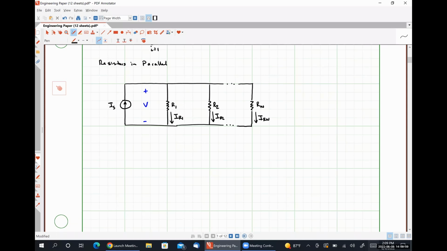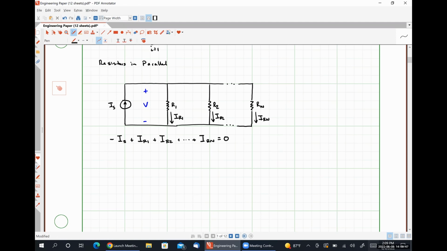If we apply Kirchhoff's current law at the top node using formulation number 3, where currents that are leaving the top node are considered to be positive, what we will have is a KCL equation that looks something like this, where we have negative IS plus IR1 plus IR2 plus all the way out to IRN is equal to 0.